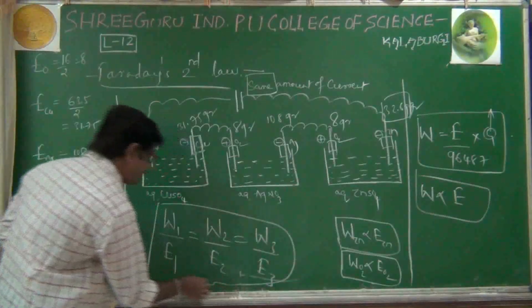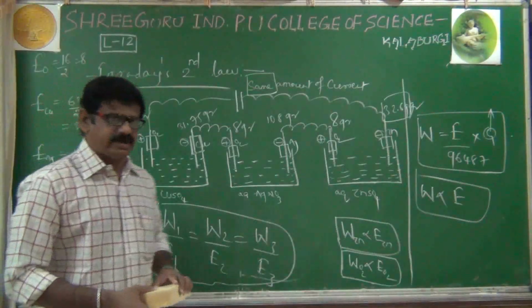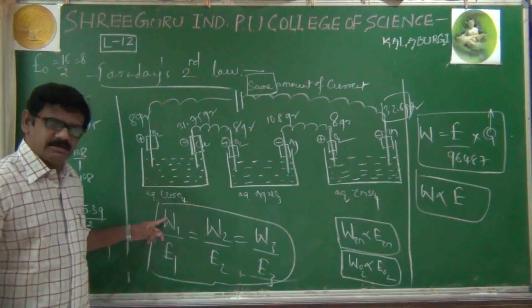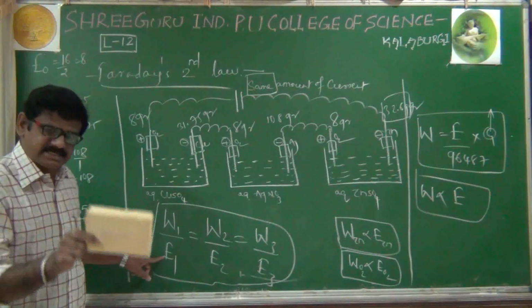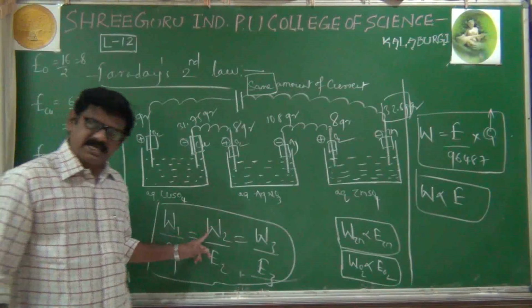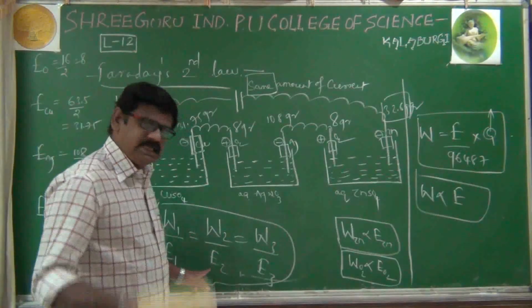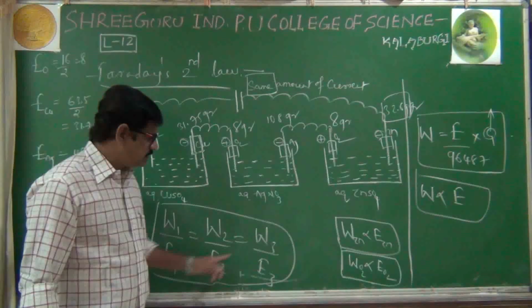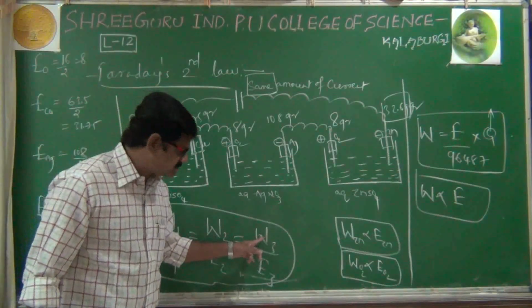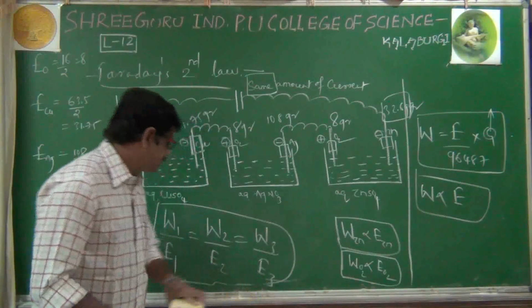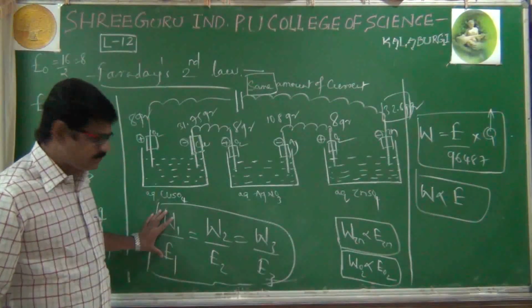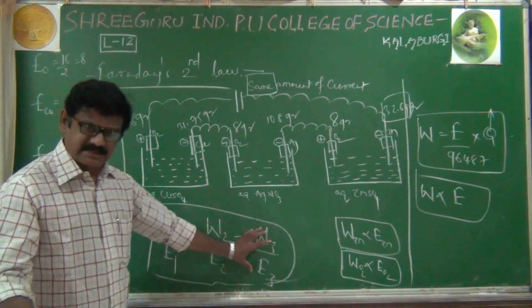What is W1? Mass of substance 1 divided by equivalent mass of substance 1. Mass of substance 2 divided by equivalent mass of substance 2. Same, mass of substance 3 divided by equivalent mass of substance 3. Of course, it is the first container, second container, third container, like that we can take.